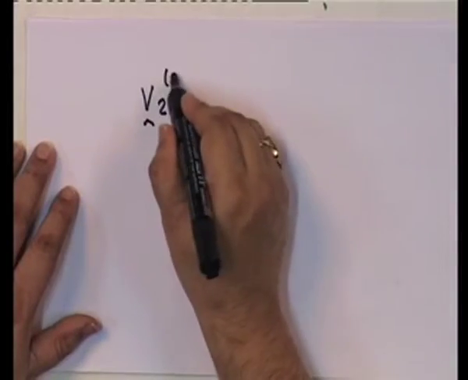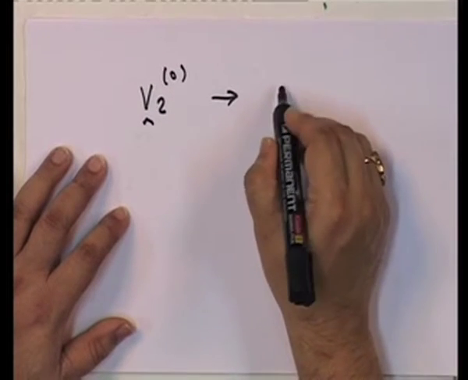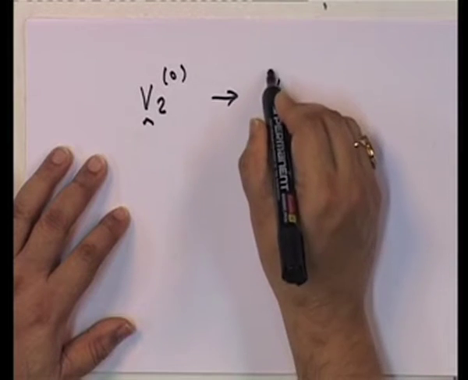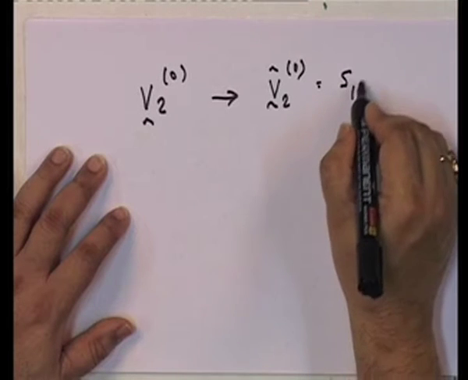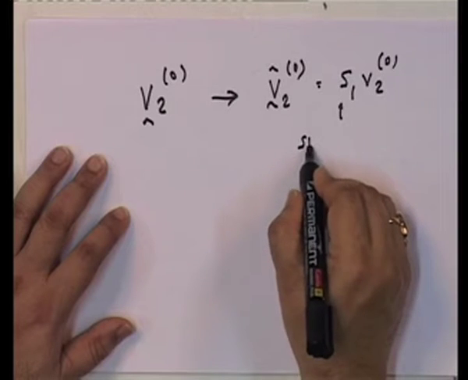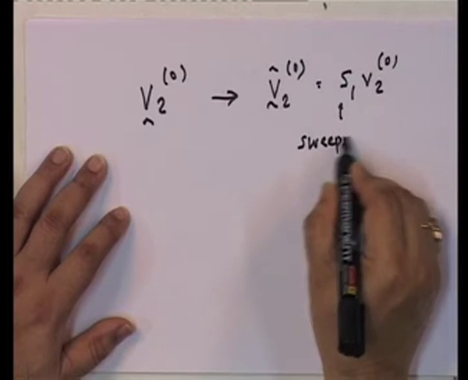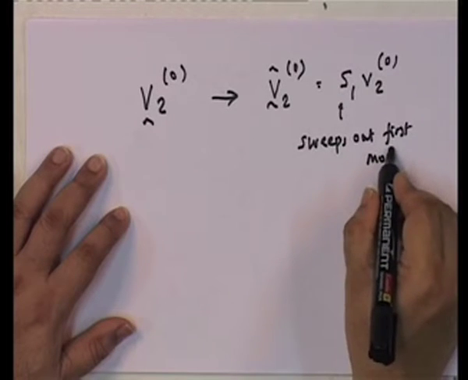The first thing that I do is choose any vector V2 0. The first thing I do is sweep this, which sweeps out the first mode.